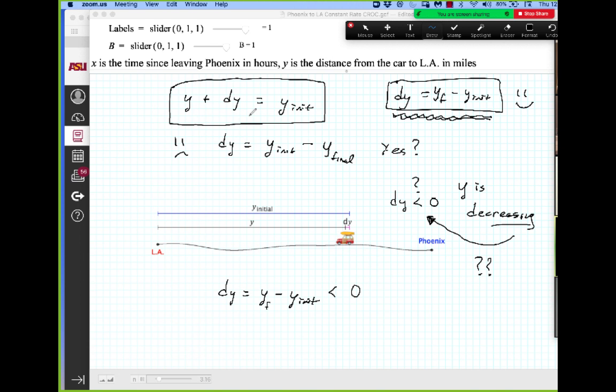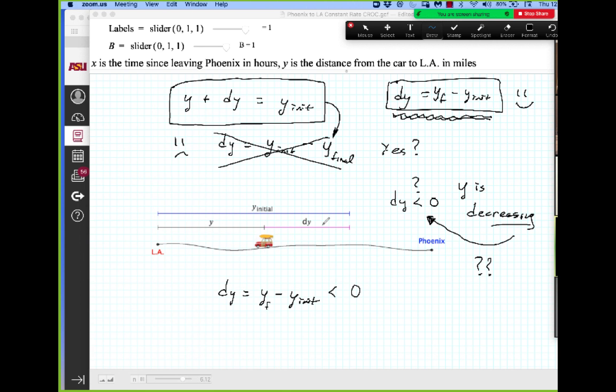Because y will always be a positive value. Y initial is definitely positive. So by doing y plus dy equals y initial, we assumed dy was positive, and by assuming dy was positive, what happened? We got something that wasn't right, because we made a wrong assumption, so our conclusion is not right.